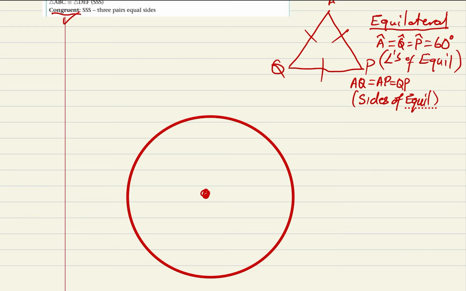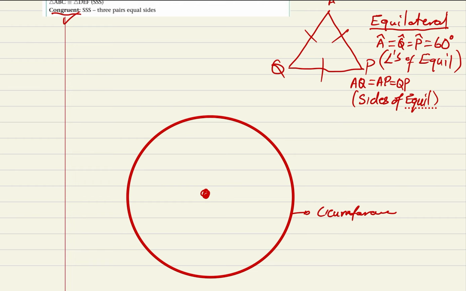It's a circle that has a center. Now this bold line is called the circumference. I said this thing is called the circumference. I don't want to dwell much on that one.